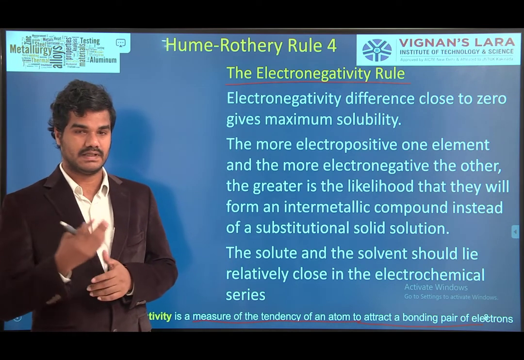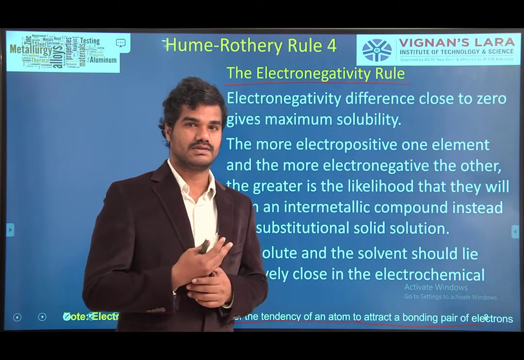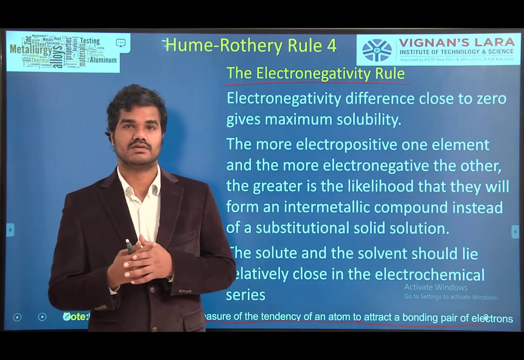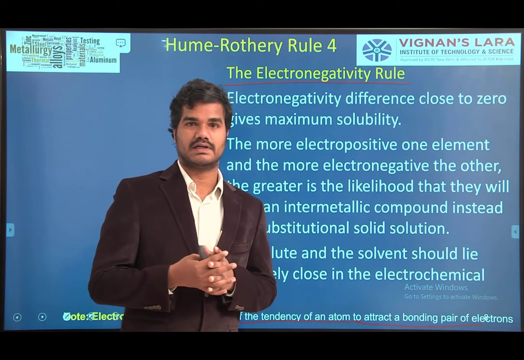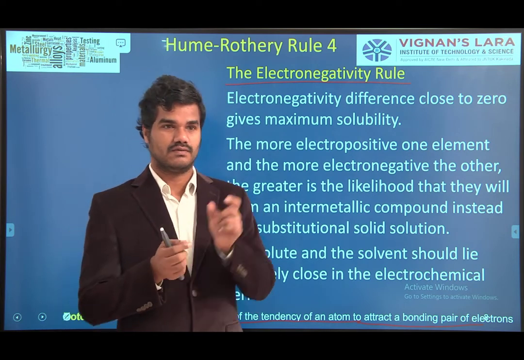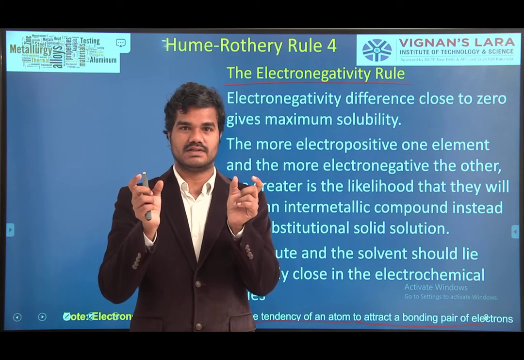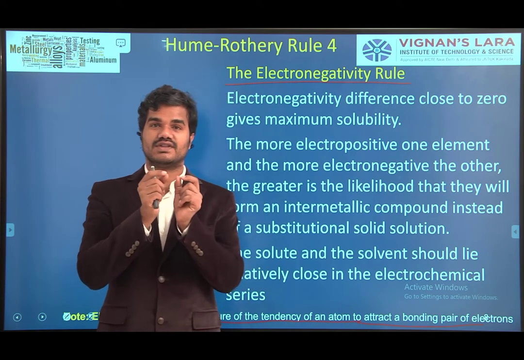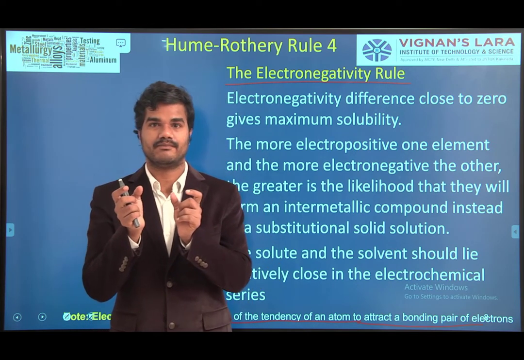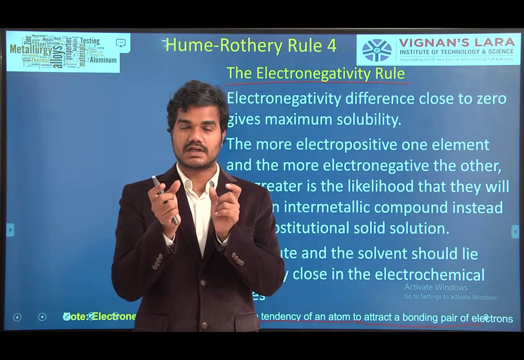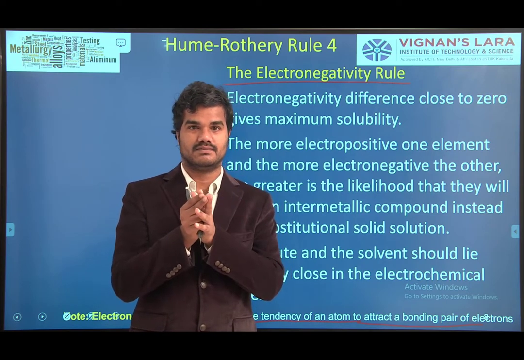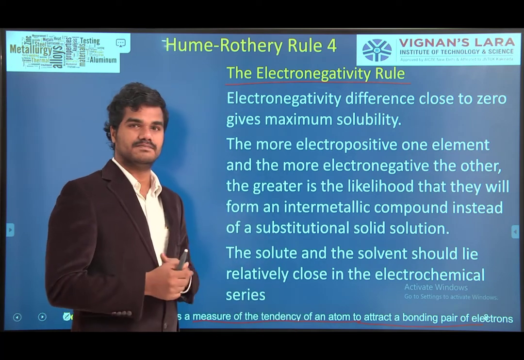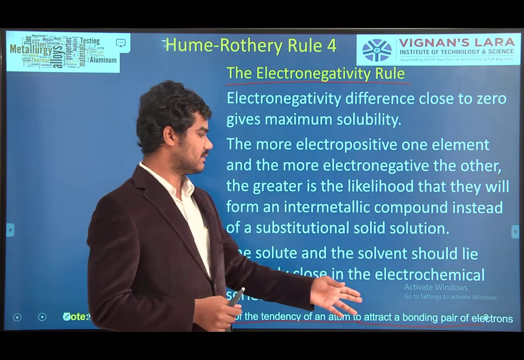As we are discussing bonds in solids, the bonds in solids are covalent bond, hydrogen bond, metallic bond, van der Waals. When discussing bonds, one atom is there, another atom is there. When the electrons in its outermost shell are able to be shared with the other atom, then bonding will happen, right? So, a measure of the tendency of an atom to attract a bonding pair of electrons.